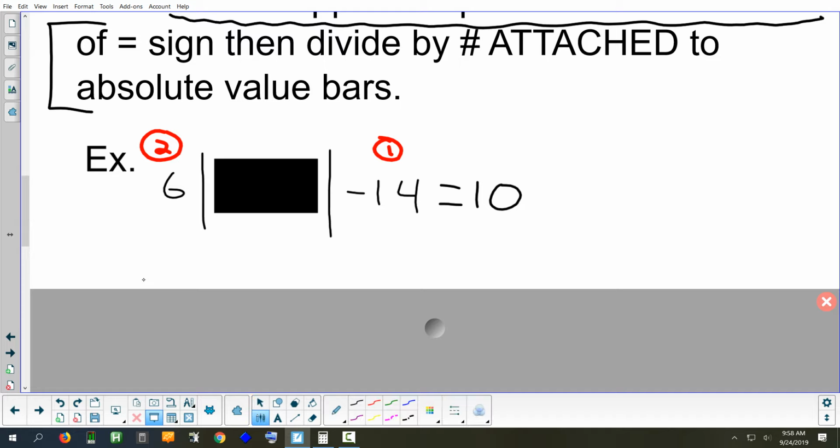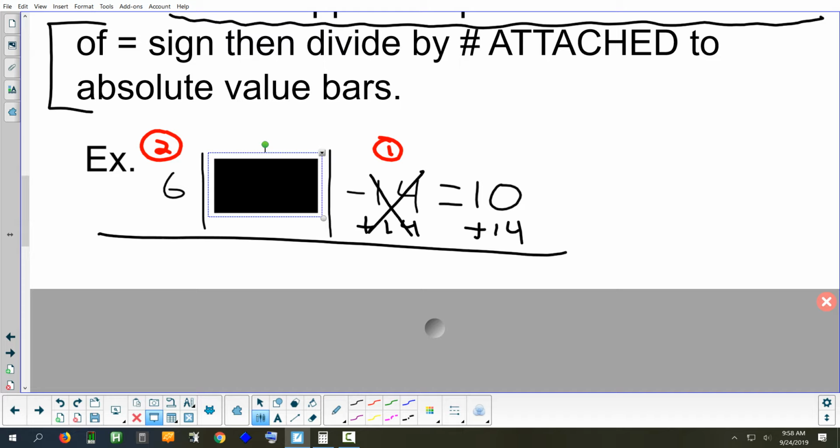All I need to do for now is get rid of that negative 14 and get rid of that 6. I'll care what's inside the bars later, okay, but not now. So plus 14, plus 14. That's gone. So now I just have a 6 attached to the bars. I'm going to write what was in the bars just because we don't want to forget what was in there, but we don't really care about it yet.